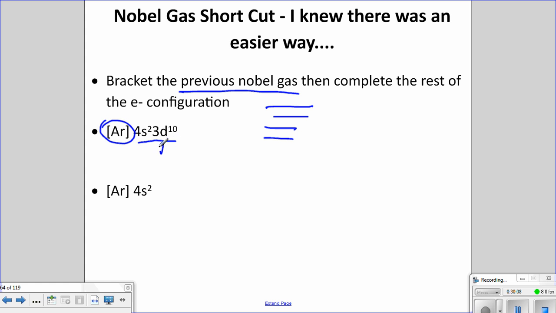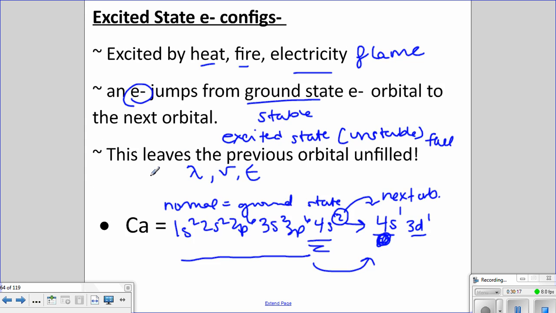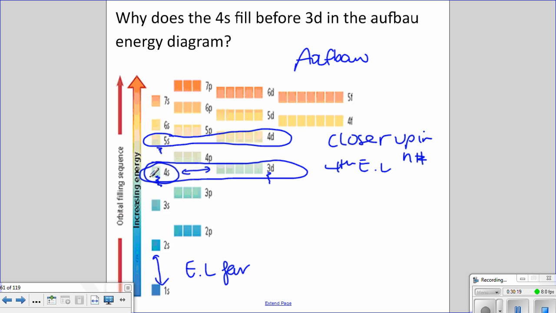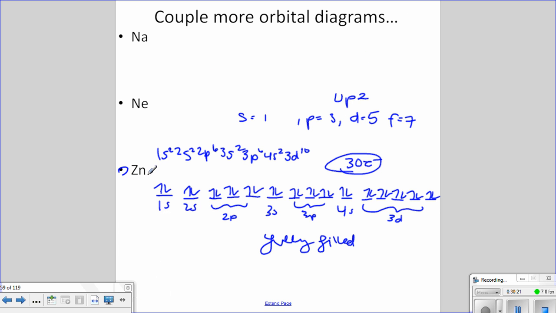So notice that we stop at 3d10 again. If you look on your periodic table at 3d10, that one is zinc. So earlier for zinc, we had written all these electron configurations, 1s2 all the way through 3p6. If you look at this on your periodic table through 3p6, you'll notice that this is argon.